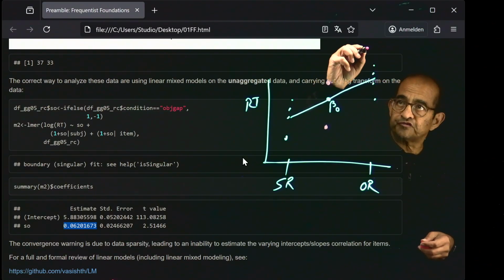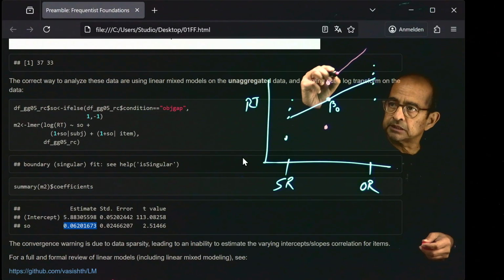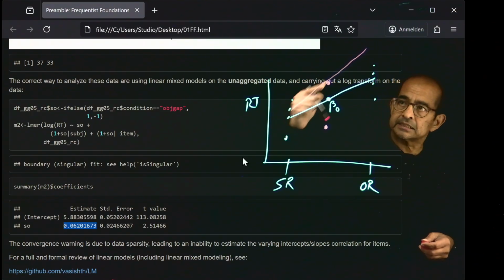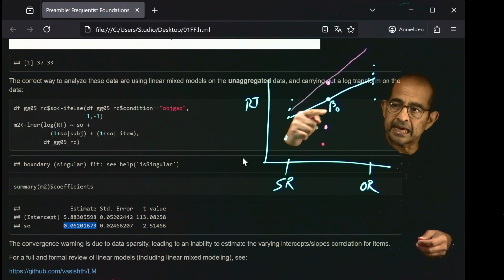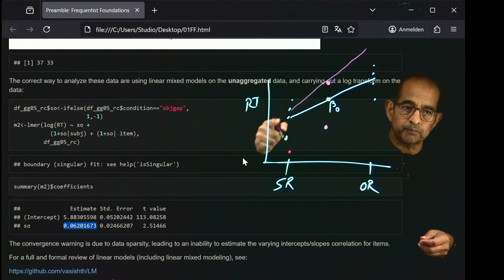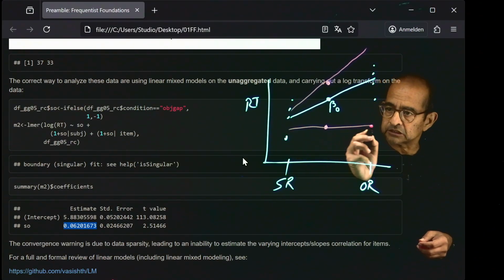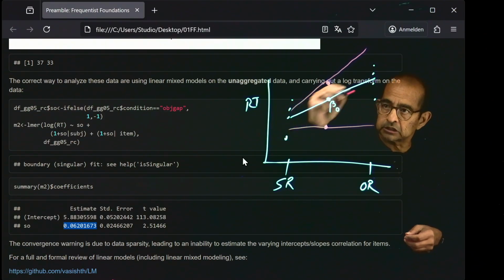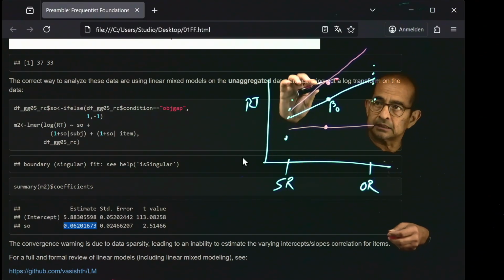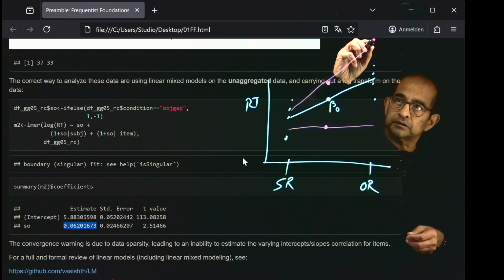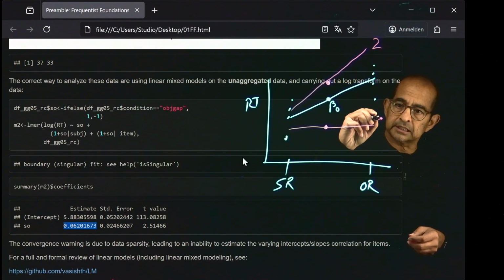For example, it could happen that this subject has a steeper slope than the average slope we have here, and this subject has a flatter slope compared to the average slope. Call this one subject 2, call this one subject 1.